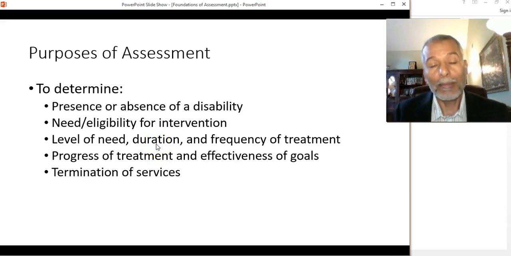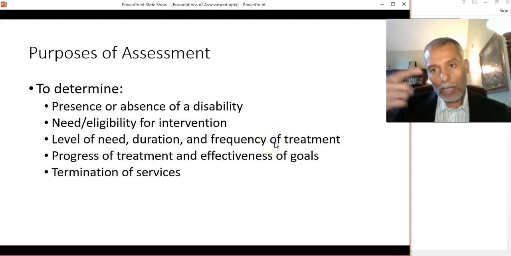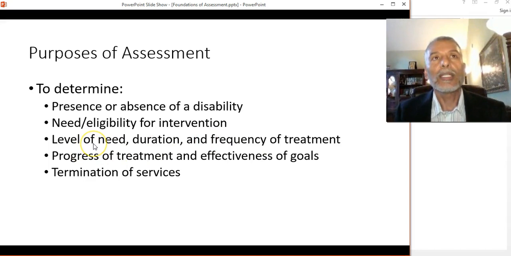Duration means how many minutes, how long is the session. And then frequency means how many times per week, or how many times per month. So frequency is how many times you do the sessions. Duration is how long the session is, and the level of need is how many sessions the person requires.